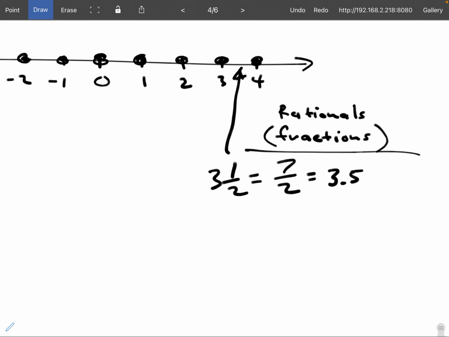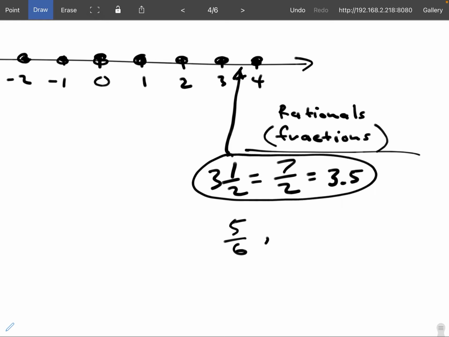Let's see, what else could you have? You could have something like 5 over 6, right? That would be a fraction. This is all one example here. You could have a fraction like, I don't know, make up another one. 2 3/4.